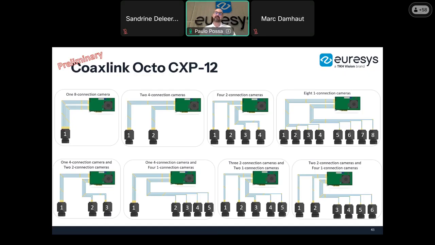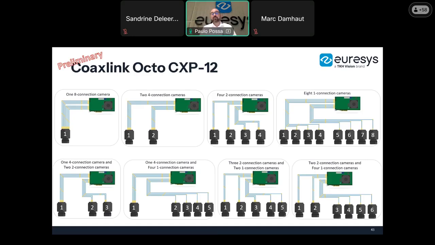With 8 6P12 connectors, we can create very compact and cost-effective systems. With a single board, we can support up to 8 6P12 cameras with single connectors.